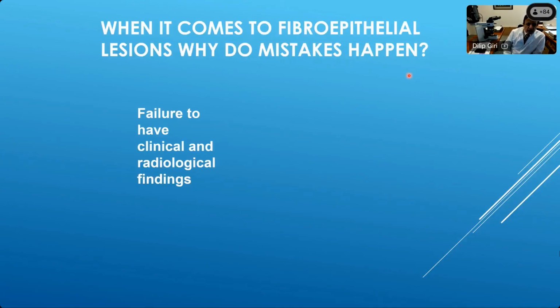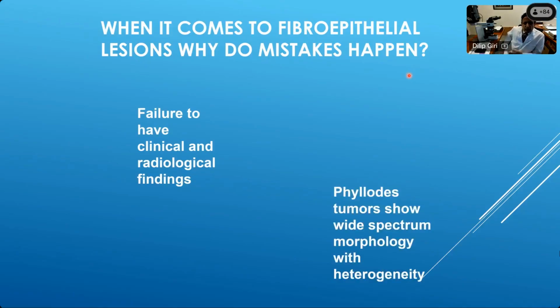As I told you earlier, for any biopsy encounter that we have, once we have that encounter, we should go back into the patient record, find out the clinical details, radiological findings, history, any other biopsies, any family history, and so on, size of the lesion, and then decide how representative it is on the glass slide, and then move from there. In the absence of that, you are likely to make errors.